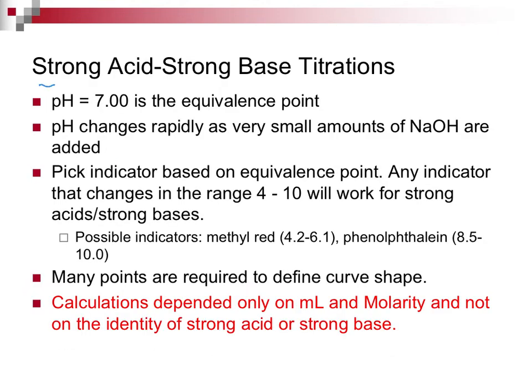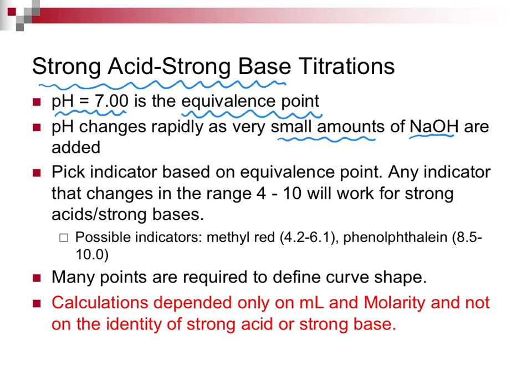Well, when we have a strong acid, strong base titration, our pH at the equivalence point is always going to be 7. When you run these calculations, you will see that very small amounts of base, if we're titrating acid with base, are going to cause a very rapid pH change.